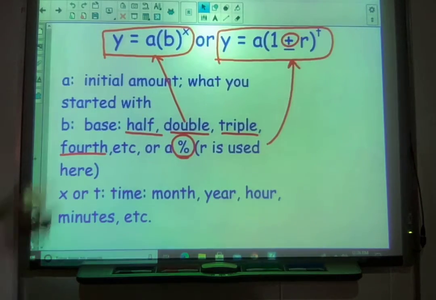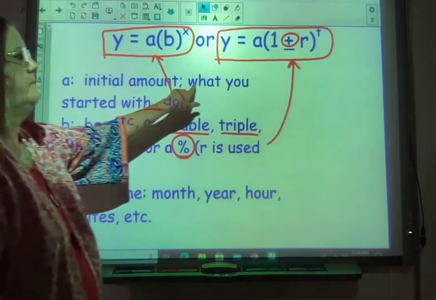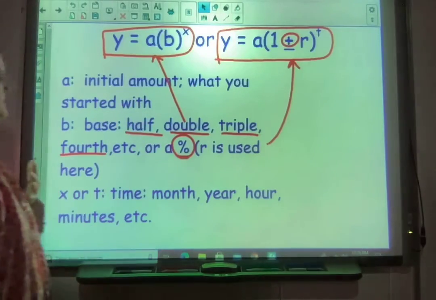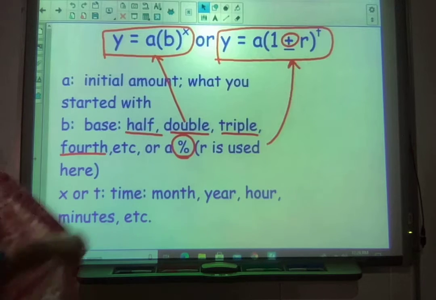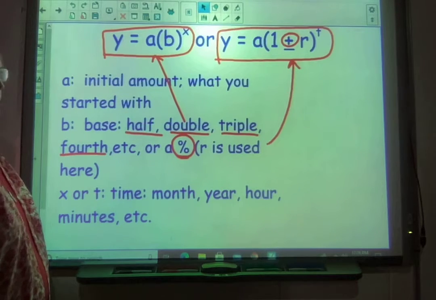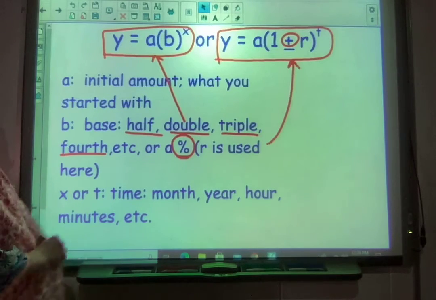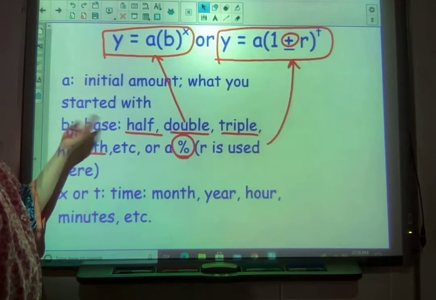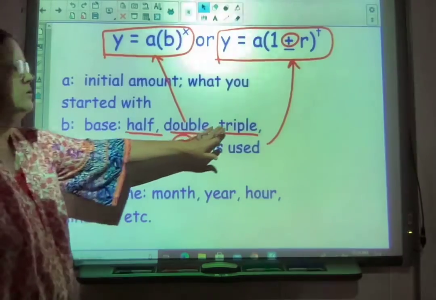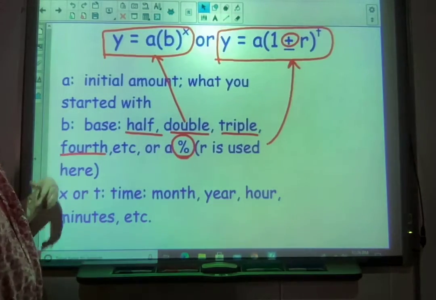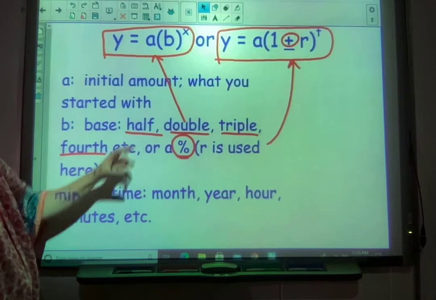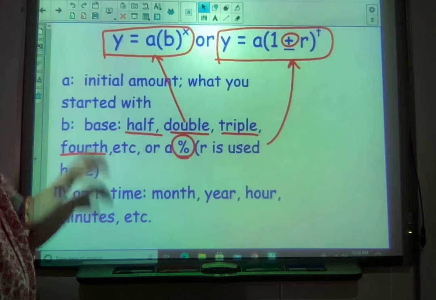All right, so a is always the initial amount, is what you start out with. Whatever you're looking at, it's this number you start out with. Now b, this is how you tell whether you're using r or using b for the most part. You use b if they have words like half, double, triple, fourth, quadruple, et cetera.